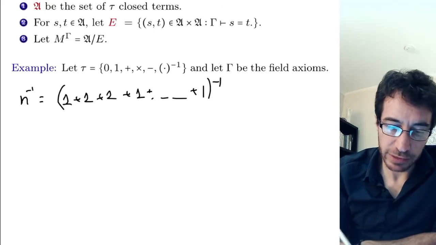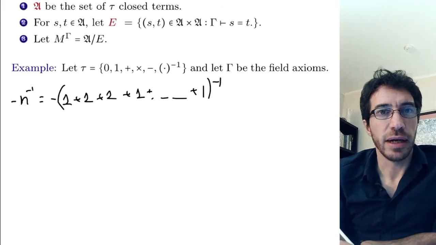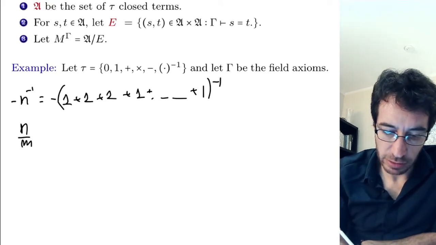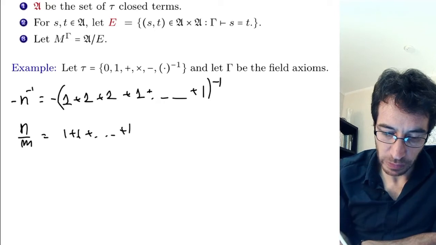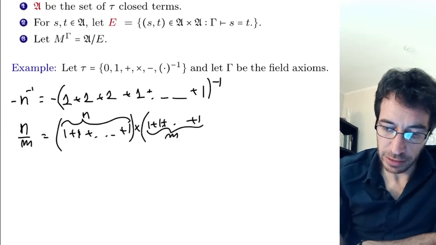We also have negatives, so we have all the negatives. And we can divide, so we can define n over m, right? That's going to be 1 plus 1 plus 1, n times, divided by 1 plus 1 plus 1, m times. And by dividing, I mean multiply by this inverse.